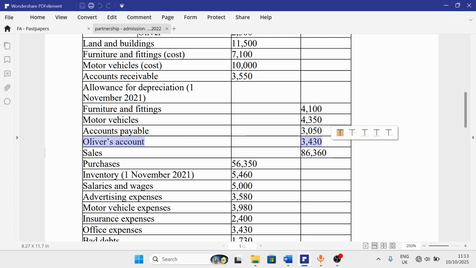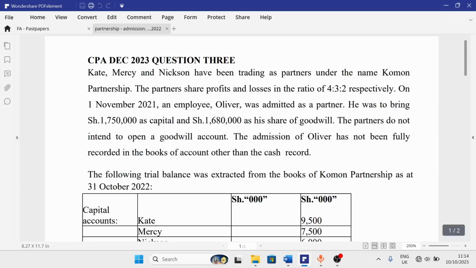So this is just the amount you are going to apportion because this combines the capital and the goodwill. So part of it is capital, part of it is goodwill. So 1750 you are going to credit to the capital account for Oliver. 1680 you are going to credit to the capital account for the old partners.